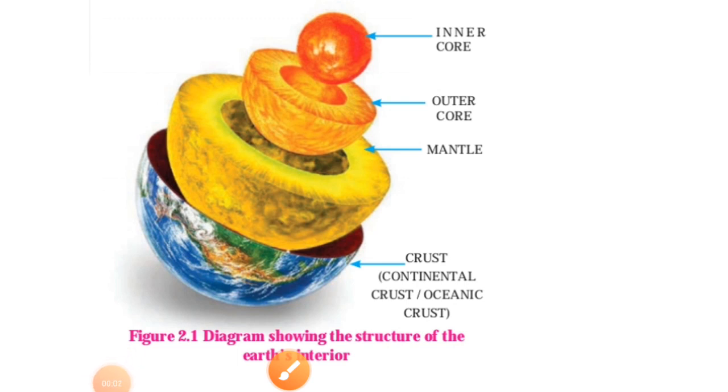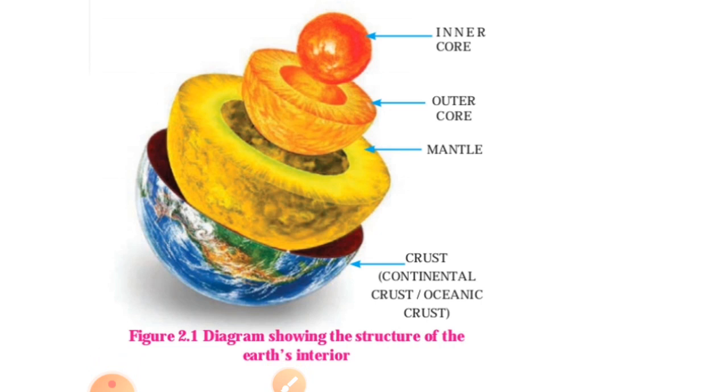Hello students, welcome back. Let us continue our chapter number 2 of geography, that is the interior part of the earth. In the previous lecture, we studied that initially the earth was very hot and gaseous.